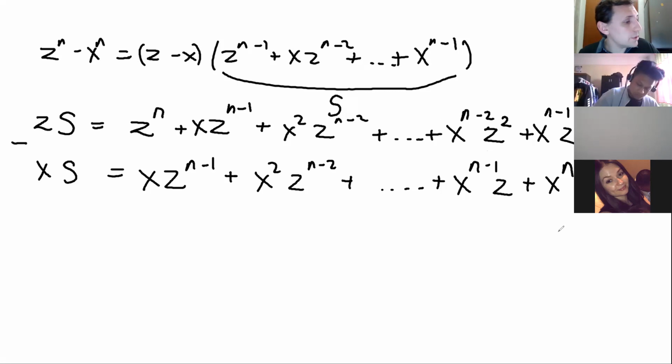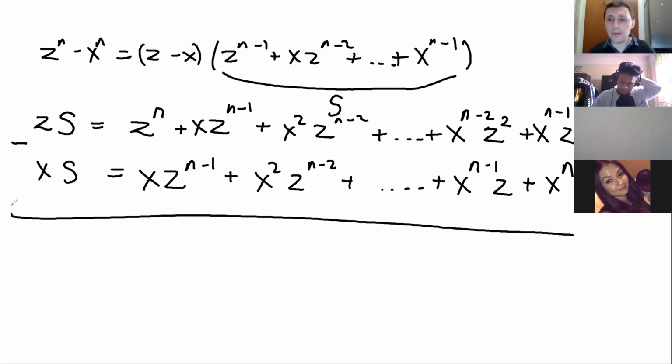And then let's see what happens when I subtract. The second term of the top line cancels the first term of the bottom line. Same thing happens here. We have cancellations all the way.